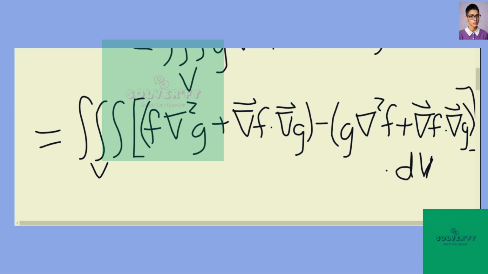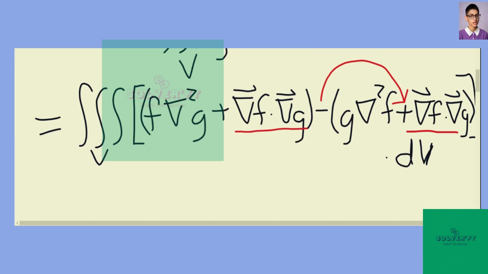So now we can combine these two. Notice that we have one positive gradient of f dotted into gradient of g. And then if we distribute this negative sign into here, we have one negative gradient of f times gradient of g.